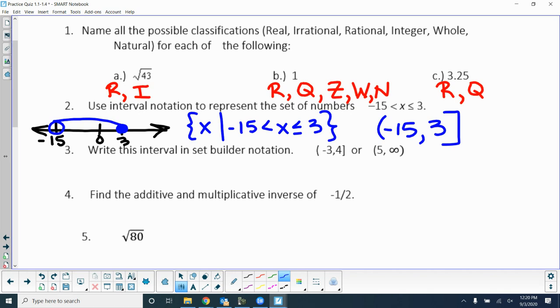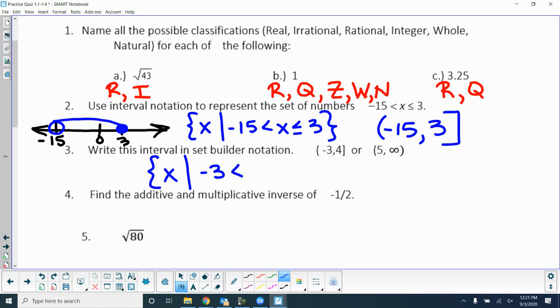So here are 2 intervals, basically. Here and here. It says write this interval in set builder, so we're going to start like this. And then I'm just going to write an inequality for that and an inequality for that. Since the parenthesis is there with the negative 3, will I have less than or equal to?